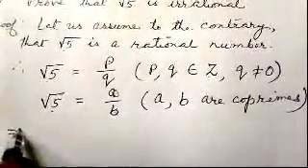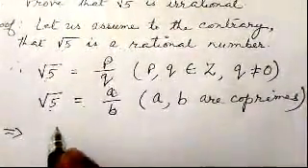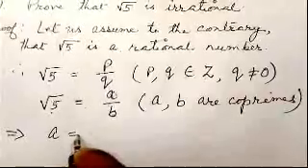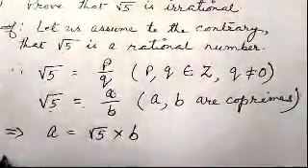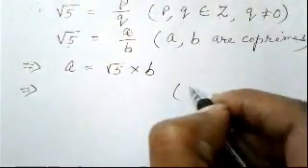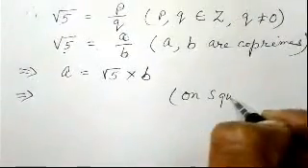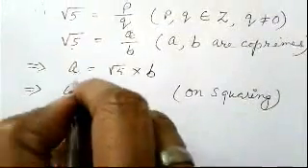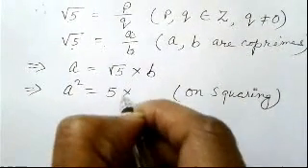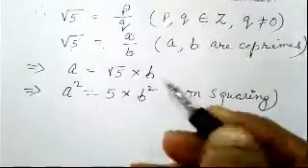First we cross multiply this. So we got A is equal to root 5 into B. Now we square them. Then we get A square equals 5 into B square.